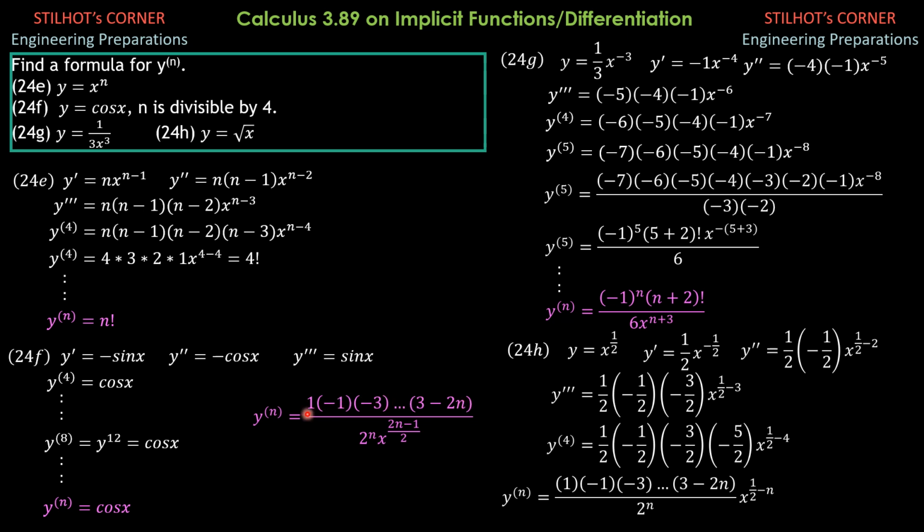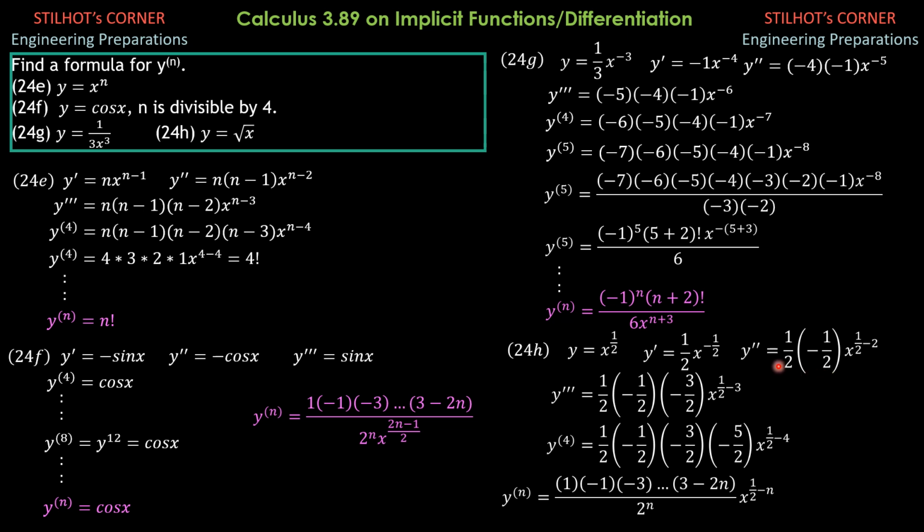So if n is 1, then let's check if it is equal to this. 1 over 2 to the 1 is 1/2. So it checks, 1 half. Then x to the 2 times 1 minus 1 is x to the 1 over 2, or x to the 1 half. Which checks because this is 1 over 2 x to the positive 1 half, if we put x to the negative 1 half in the denominator.